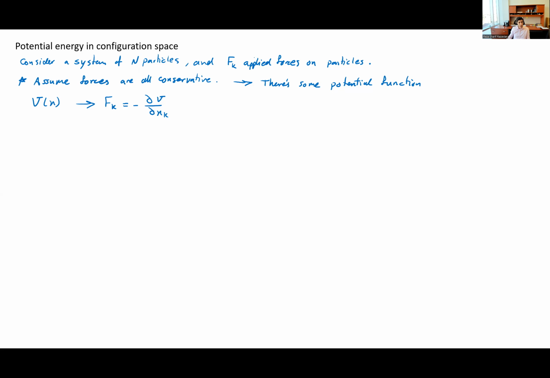So these are the conditions for a system to be conservative.